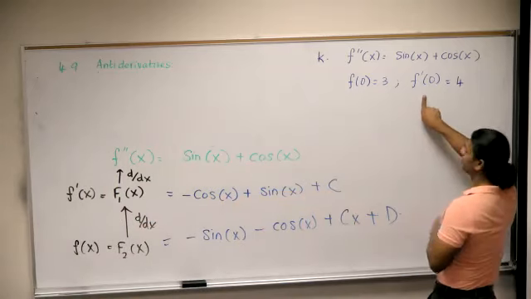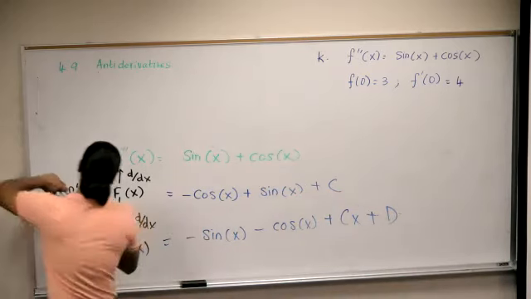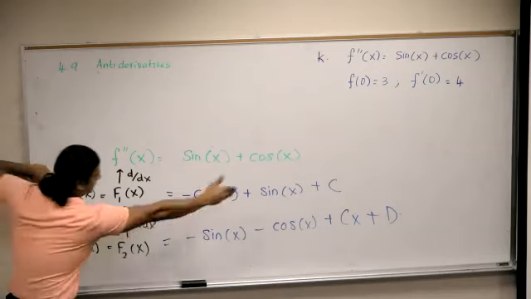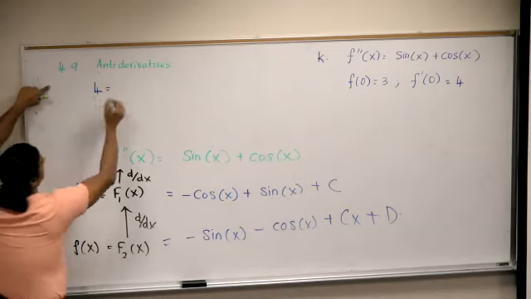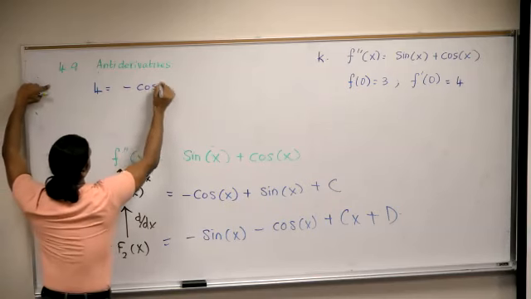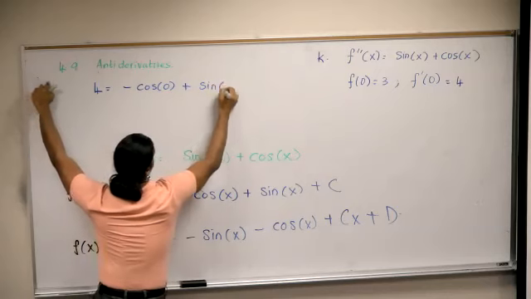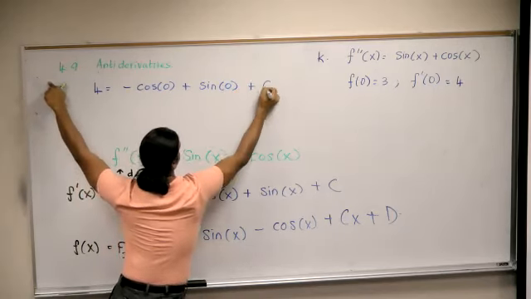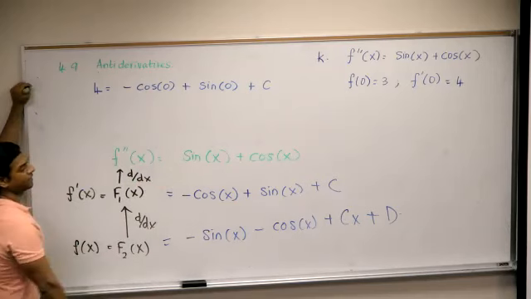f prime of 0 is 4. That is f prime, plug in 0. 4 equals minus cosine 0 plus sine 0 plus c. What is cosine 0?